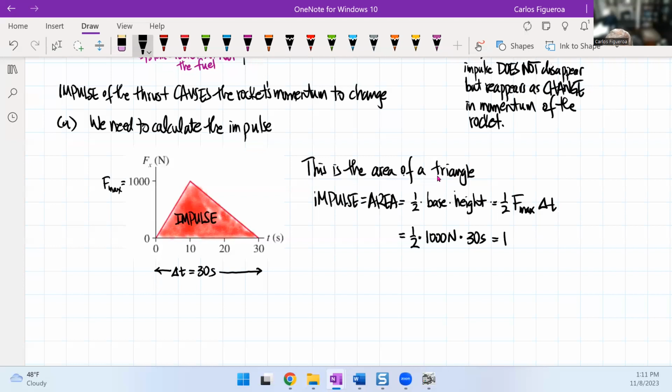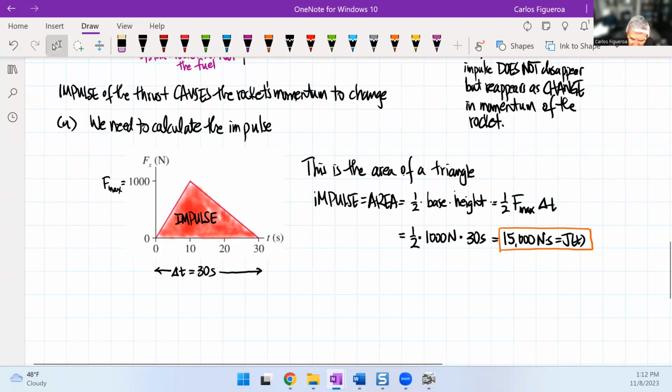This then gives me 15,000 newton seconds. And this here is the magnitude of the impulse, right? That's our numerical value. This is what we just calculated.